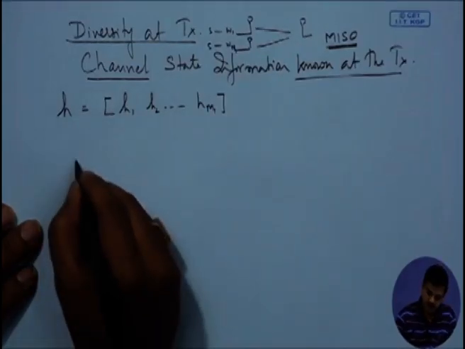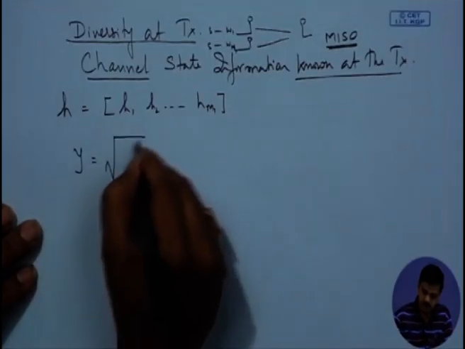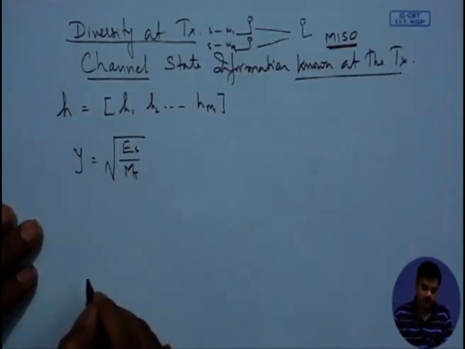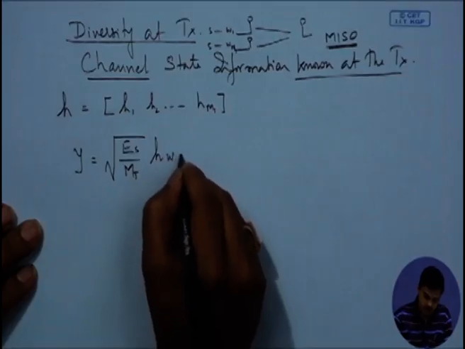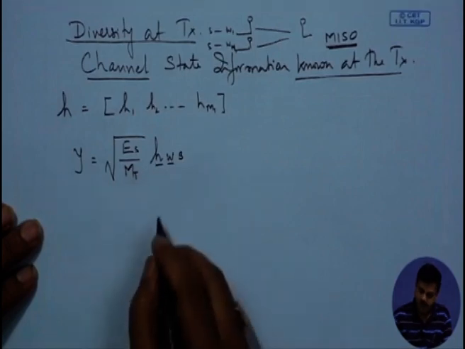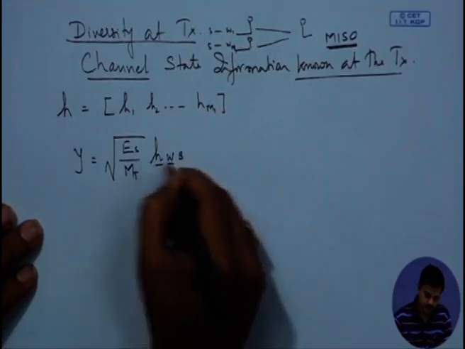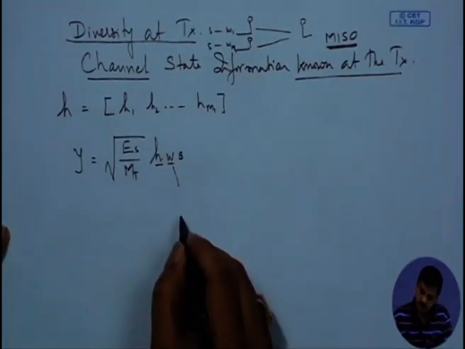So the received signal, which is combined, we had written the expression earlier, is given as root over ES by MT, where MT is the number of transmit antennas, times H times W times S. S is a scalar, W is a column vector and H is a row vector, and W is basically the weight of the antennas that are to be used.